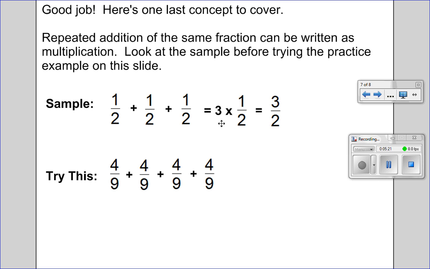But here, a lot of people find it much easier to say, well, I've got 3 of the same fraction, so it's 3 times 1 over 2. That's 3 over 2. Put the video on pause when I finish speaking and try rewriting this fraction addition as multiplication.